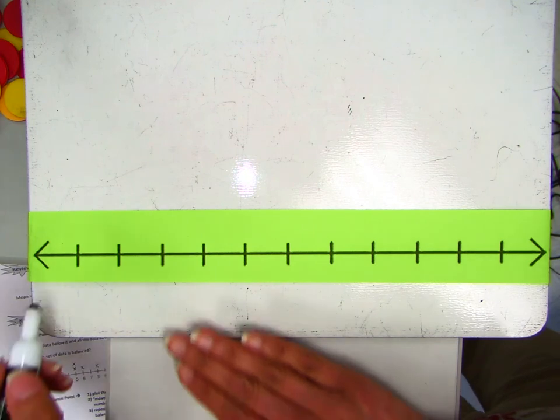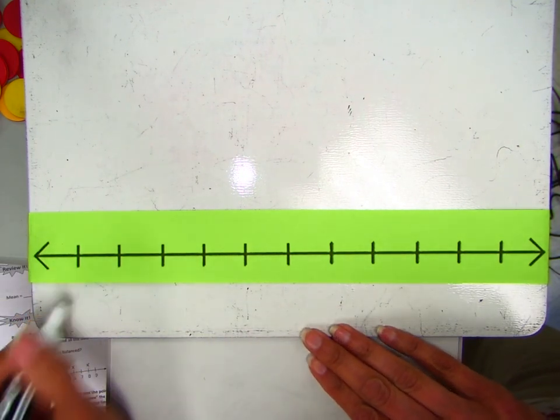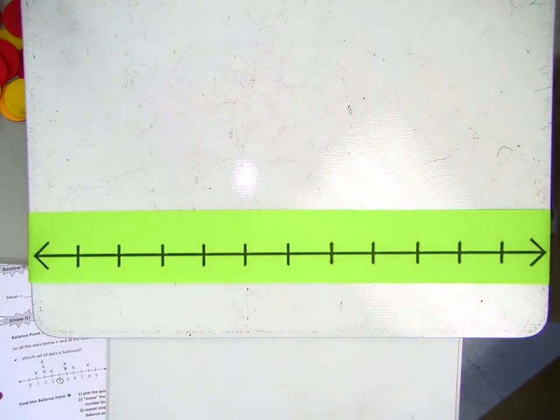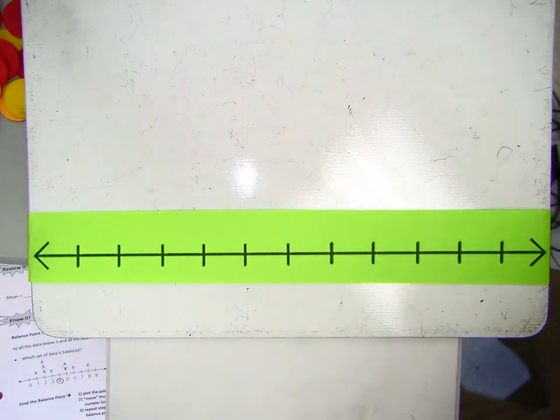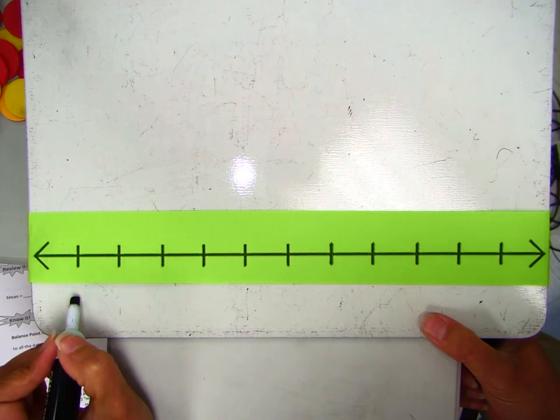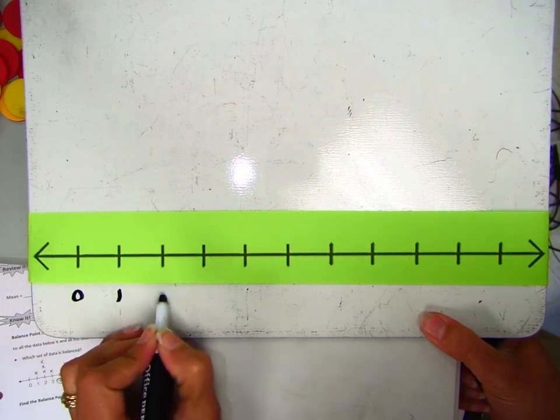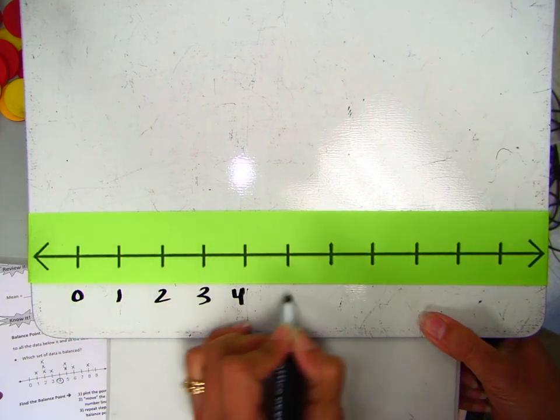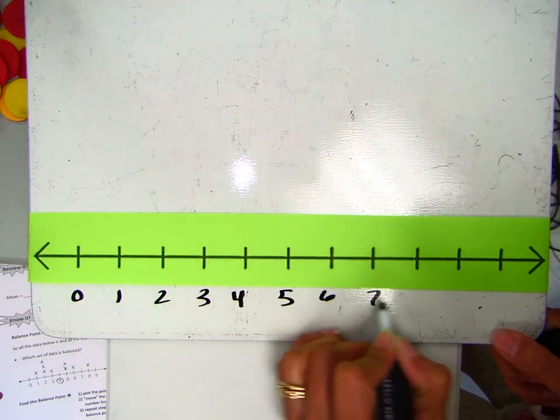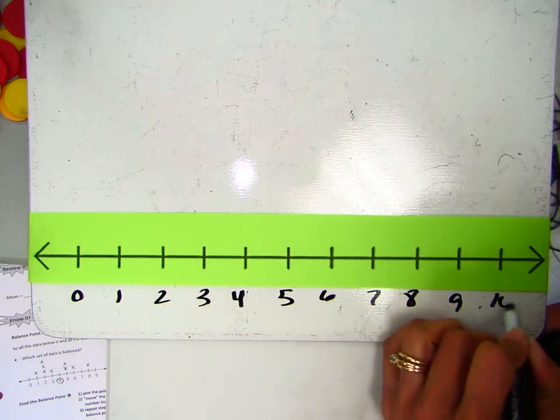Now I already numbered this on your notes, so I'm just going to number this one the same as what is on your notes. And I'm going to number it 0 through 9. Might get a little more on there, which is fine. 1, 2, 3, 4, 5, 6, 7, 8, 9, and I even got a 10 on there.